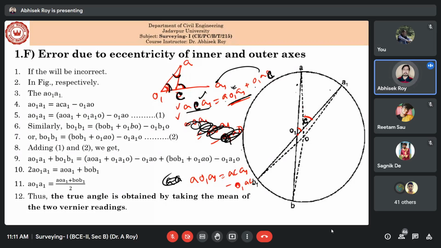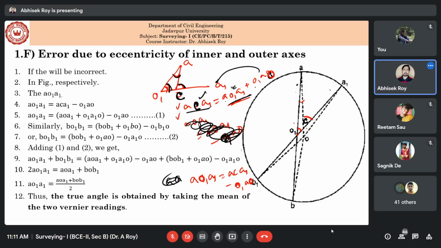But instead of C we can write O1AC, that means this angle. O1AC we can write instead of that O1AO. So instead of O1AC, we can write O1AO. So that is perfectly okay.